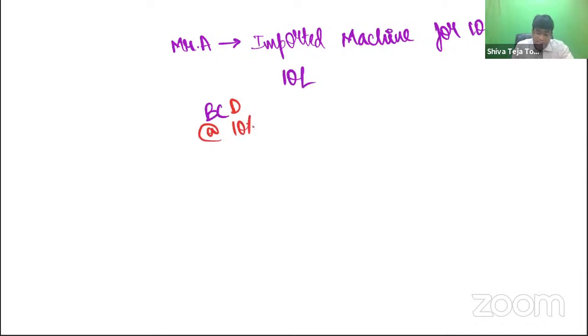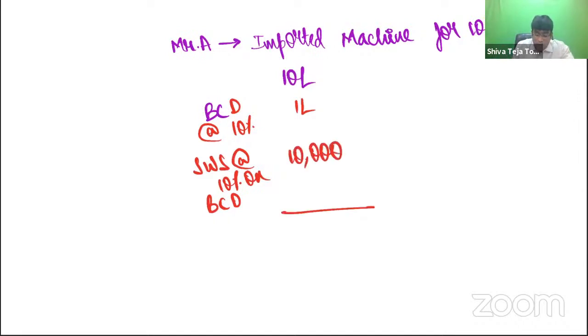Assume that is 10%. So that is 1 lakh. Apart from that, we are also required to pay social welfare surcharge at the rate of 10% on BCD. Social welfare surcharge at what rate, my dear friends? 10% on BCD, which comes to 10,000. Total figure 11 lakhs 10,000.